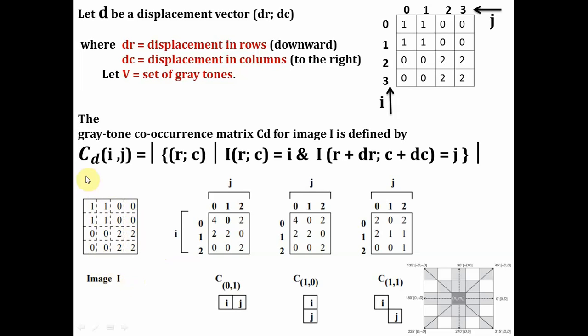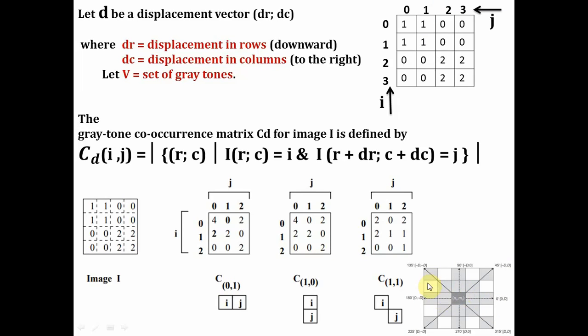Now, if you want to find the co-occurrence matrix for 0 and 1, where 0 and 1 represents a distance d, 0d. Where is the 0d? If you are not able to see that, zoom in into the video. I will show you in the next slide, the larger size of this image.